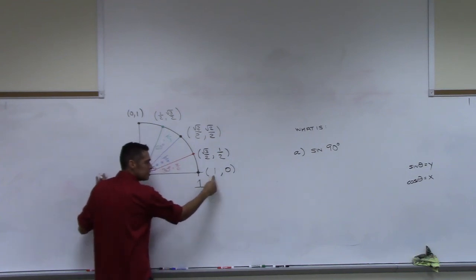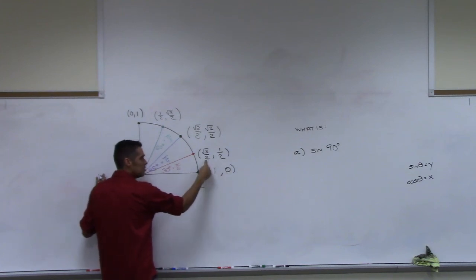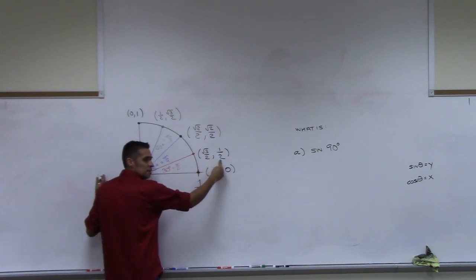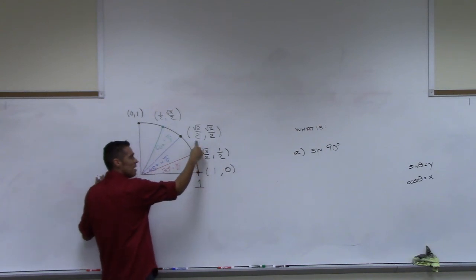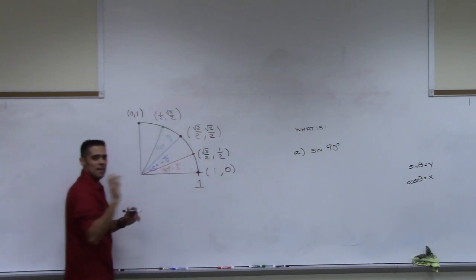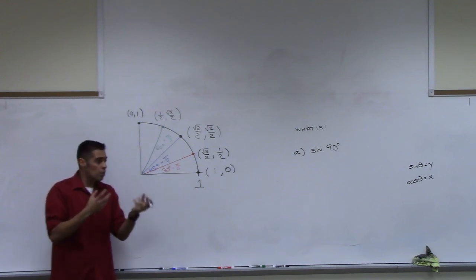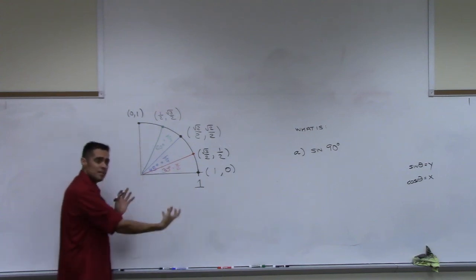So this right here is cosine of what angle? 0. This is sine of 0. This is cosine of 30 degrees or pi over 6. This is sine of 30 degrees or pi over 6. This is cosine of 45 or pi over 4. This is sine of, right?